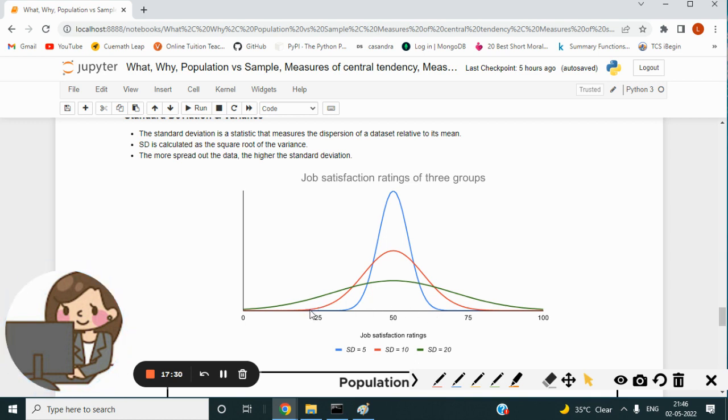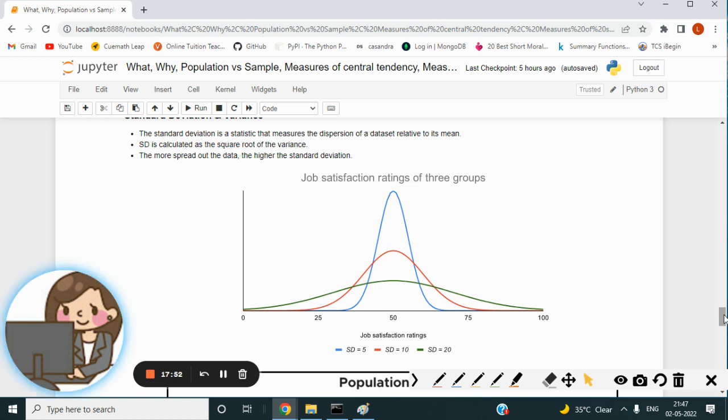Now if you take this standard deviation of 10, the data is spread over a larger area. The more the standard deviation, the larger the spread. And in the third one, the standard deviation is 20 and the spread is more. So the higher the standard deviation, the more the spread, and the lower the standard deviation, the less the spread.